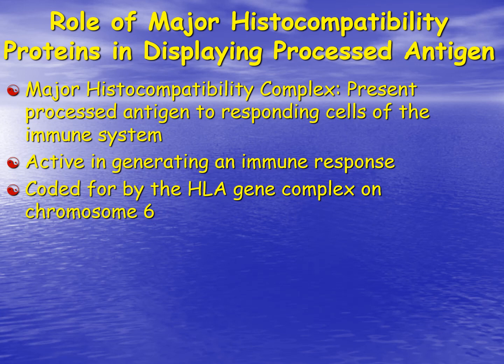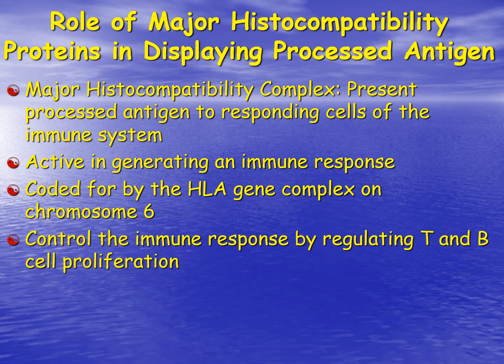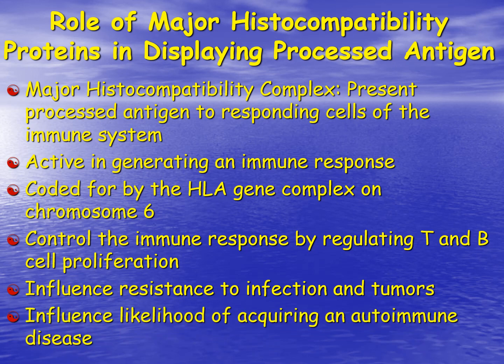They're coded for by the HLA gene complex that's located on chromosome pair number 6, and they control the immune response by regulating both T and B cell proliferation. They influence resistance to infection and tumors, and they also increase the likelihood of acquiring autoimmune diseases because some of these are what we call our self-markers or self-antigens.